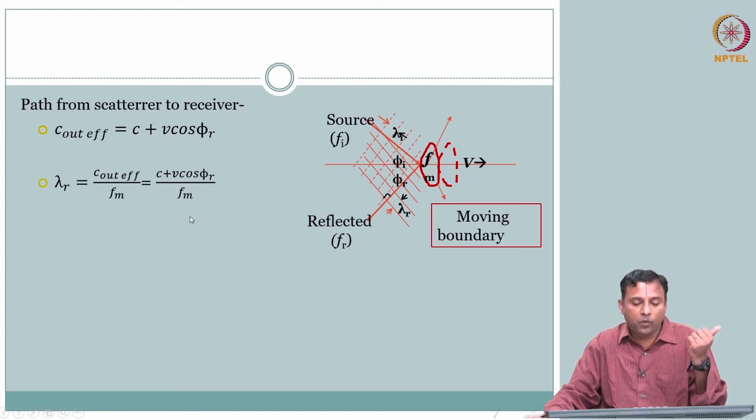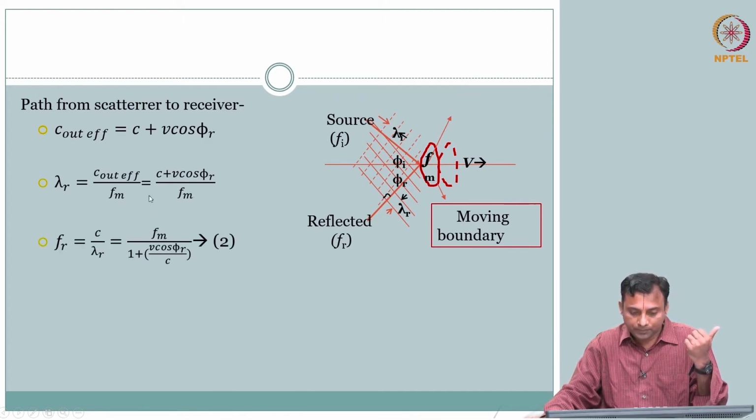So what can we do? Oh, I have an fm here. I had an fm when I did the source to observer path. Fm is supposed to be the same, right? So I can quickly move around. So your fr is equal to c by lambda r, right?